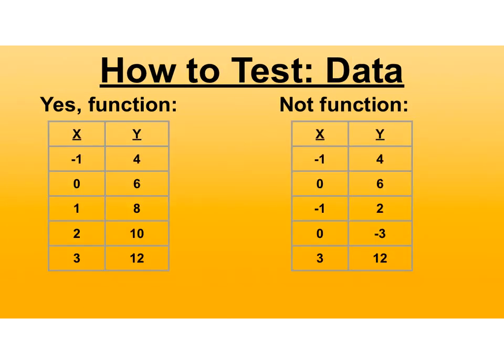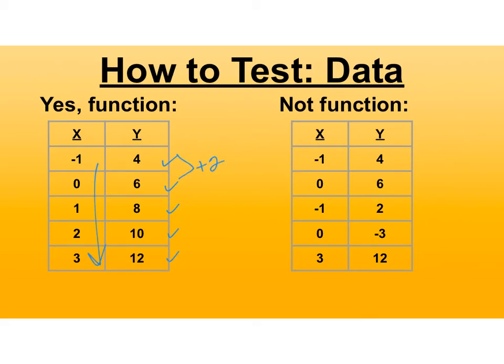How to test if it's a function given a table of data. So take a minute and look at these tables. On the left, it is a function. On the right, it's not a function. If you notice on the left, my x's are getting bigger. Those are going up. And I have 4, 6, 8, 10, 12. I'm going up by 2 each time.